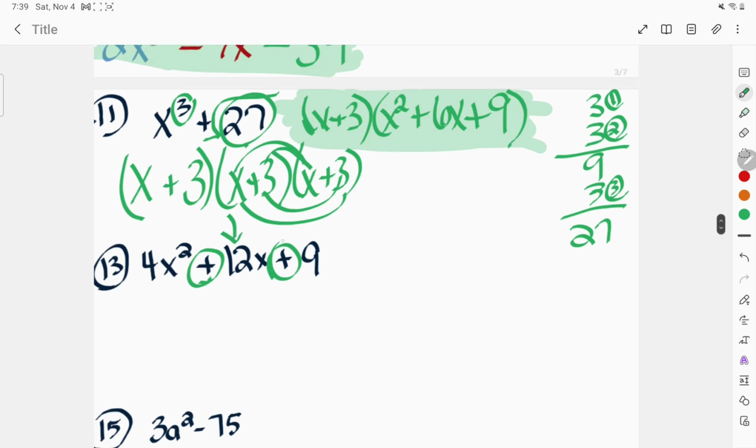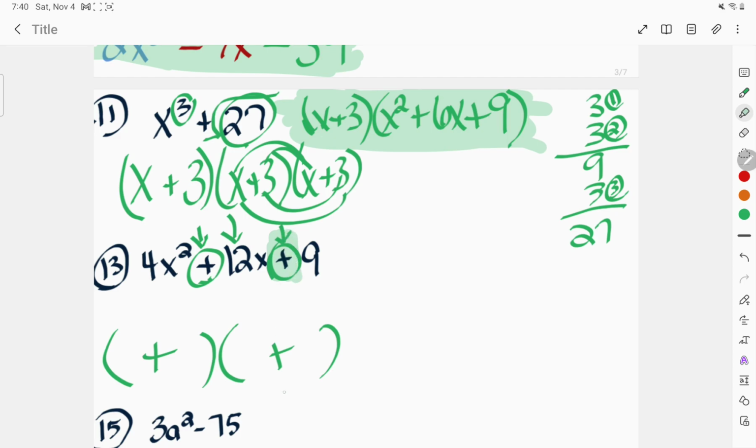Okay? So my first sign, or I'm sorry, my second sign tells me that both of my signs in my binomials are the same. The first sign tells me what those signs are. So if that last sign, if that second sign is positive, my signs are the same.